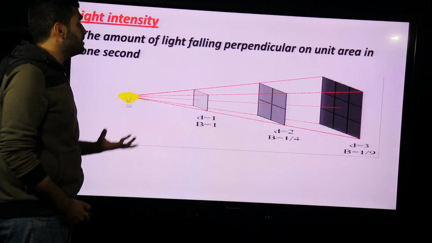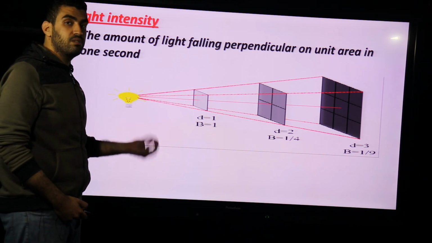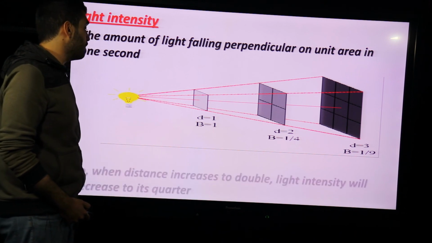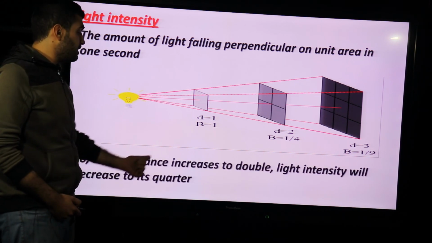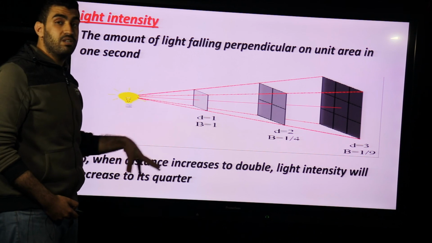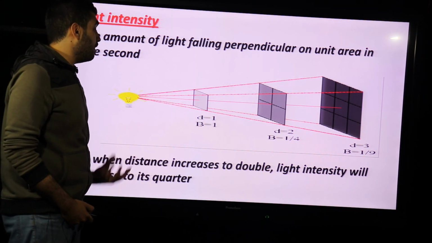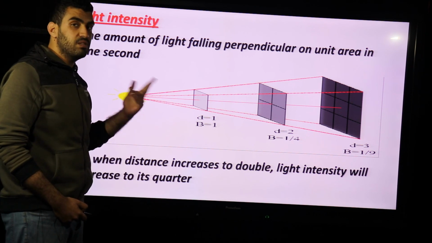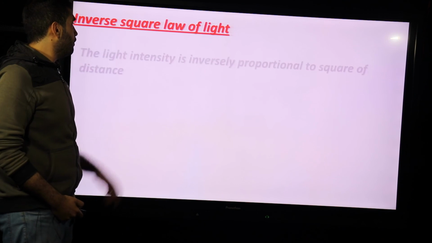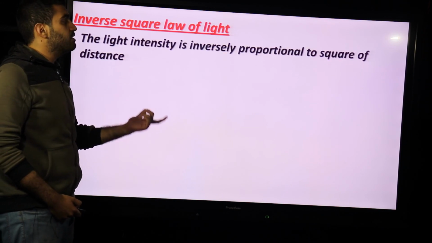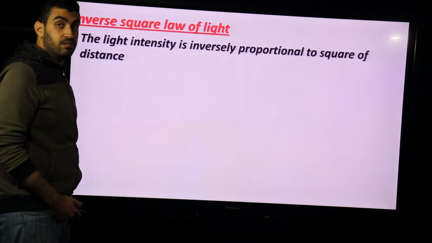The light intensity is inversely proportional to the square of the distance, which is known as the inverse square law of light. When the distance increases to double, the light intensity will decrease to a quarter, not to a half. Give reason: because light intensity is inverse to the square of the distance, not only to the distance. Inverse square law of light: light intensity is inversely proportional to the square of distance.